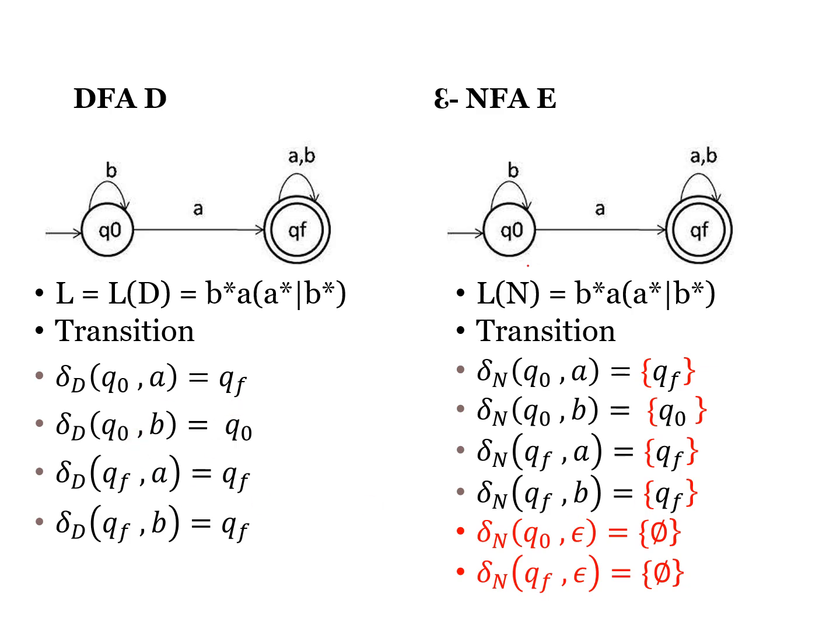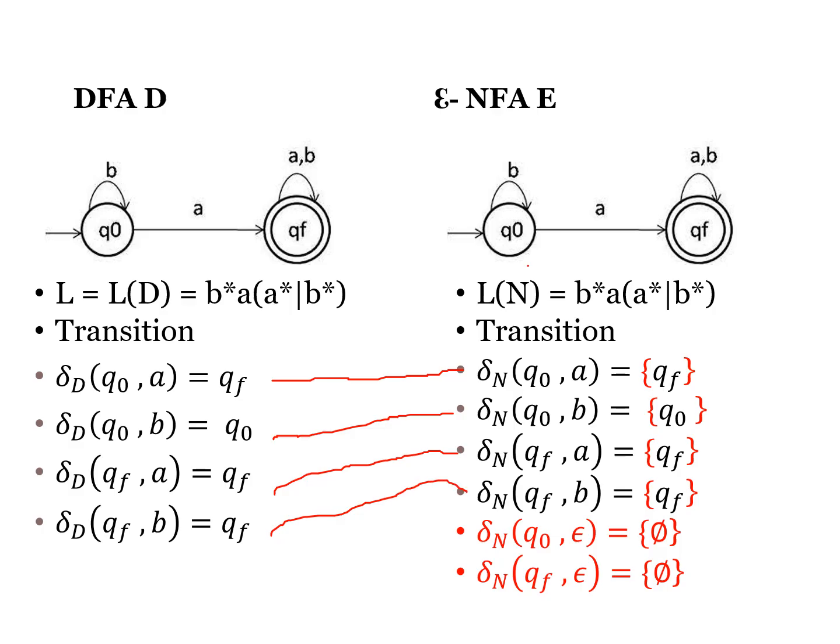So for the transition in the DFA on state Q0 with input symbol a, it goes to QF. In your NFA, on state Q0 with input symbol a, you go to the set {QF}. That makes the difference. So for each transition, you are introducing a transition in the NFA also.